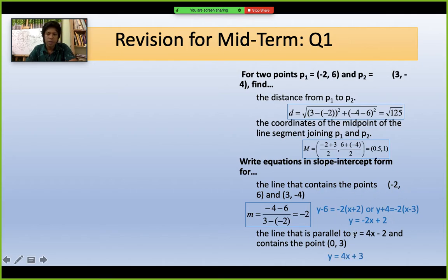For a parallel line you take the same slope. For a perpendicular line you take the negative reciprocal of the slope. Suppose it is 4, then the negative reciprocal is minus 1 by 4. This is the formula that we use for this kind of math.